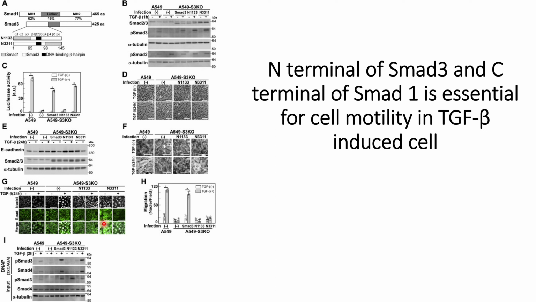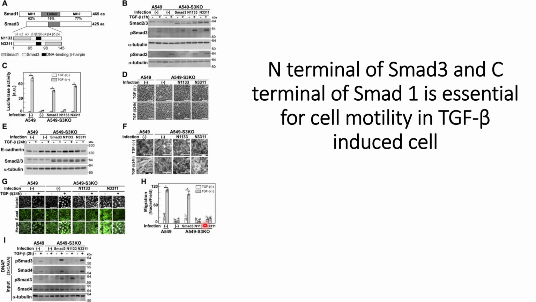That is, the E-cadherin levels go down in the case of MH2 integration, but not in the case of MH1 integration. And when we check the migration assay, it shows that when the wild type A549 cell line is used, they see more migration, and when they infect the Smad3 knockout cells with the wild type Smad3, they also see more migration.